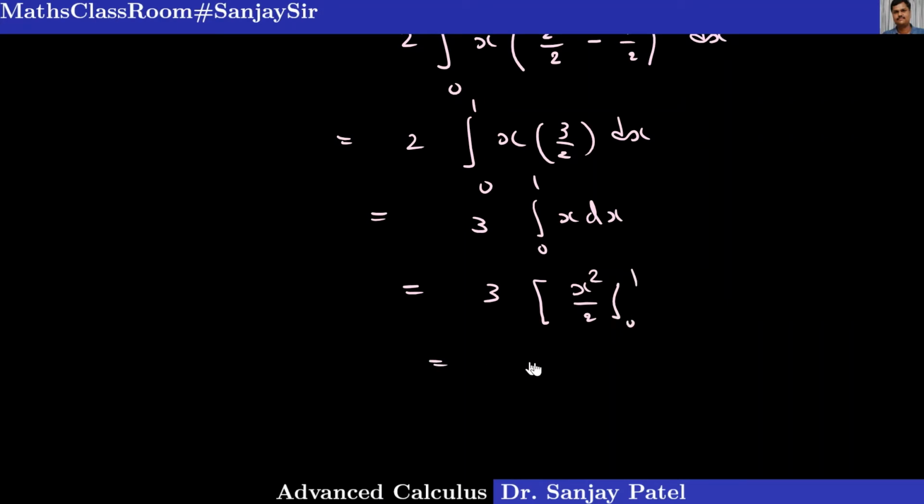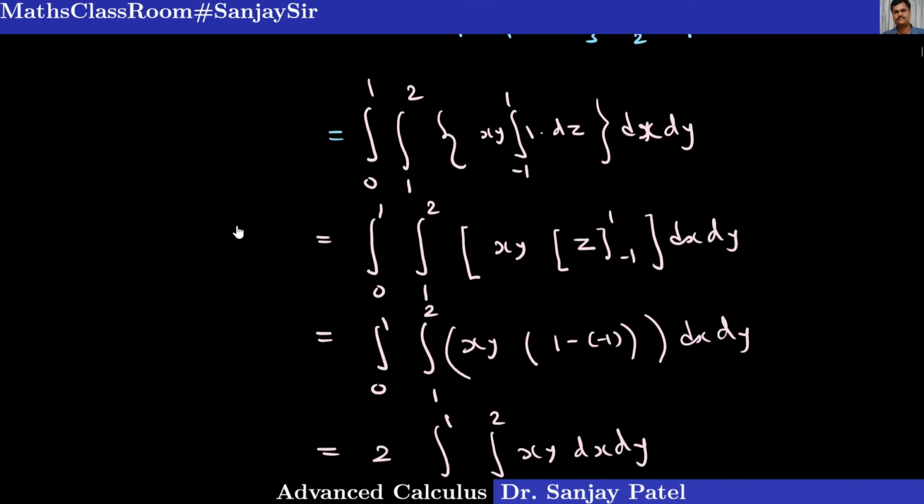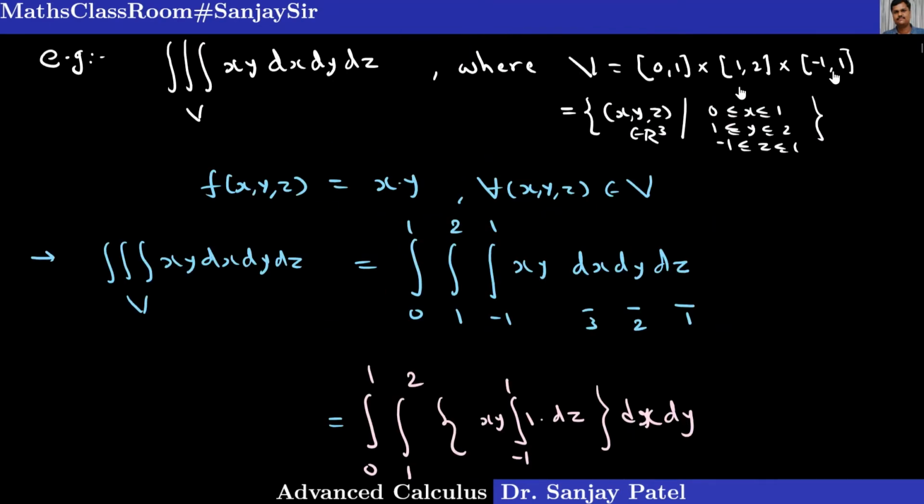And putting finally the values of the limits of x, putting x equal to 1 first, so 1 by 2 minus 0. So the final answer is 3 by 2. So the volume integral of the given function x into y over this cuboid, or you can say parallelepiped, is this 3 by 2.